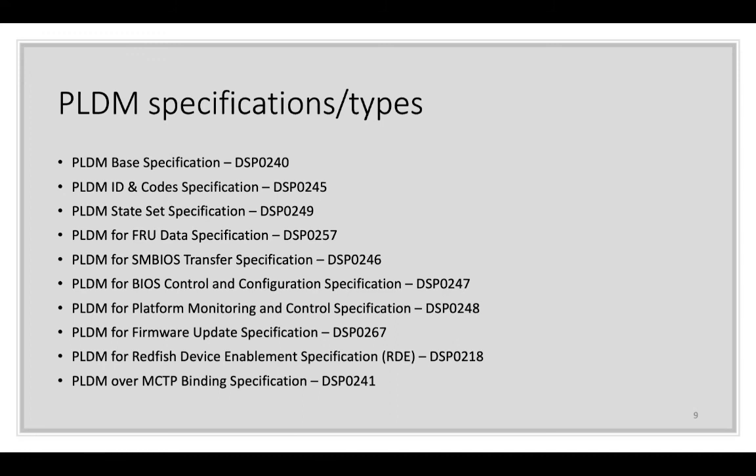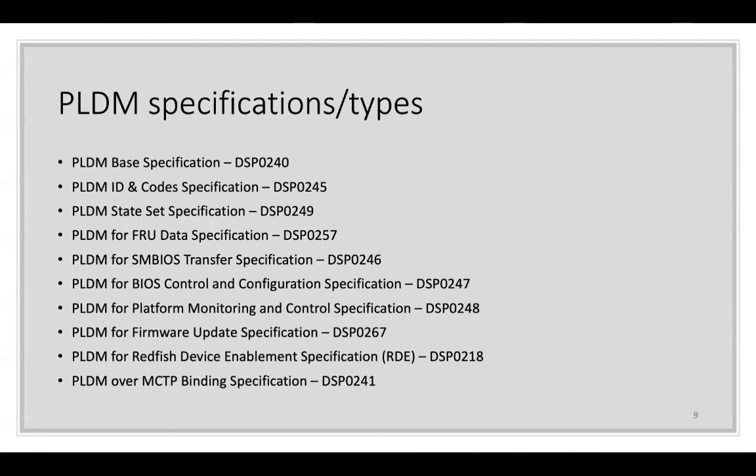The PLDM base specification has the PLDM message structure, or the packet structure. The PLDM state set specification defines standard state values for things like boot states, thermal states, and so on.